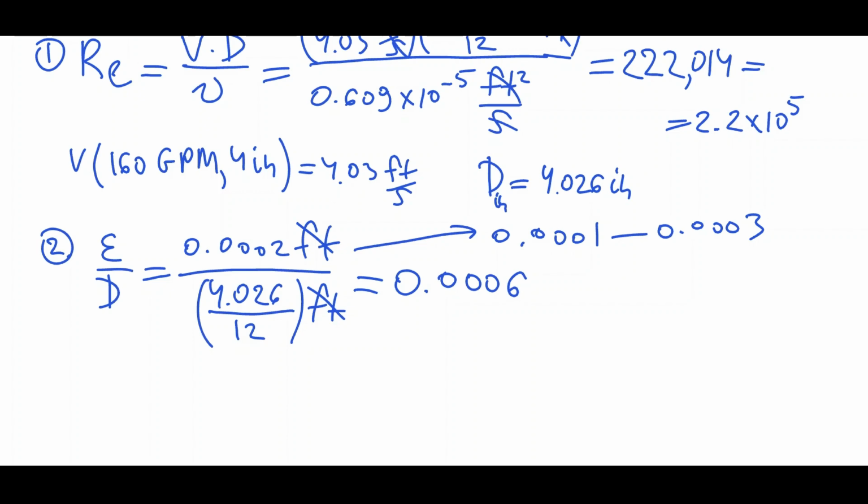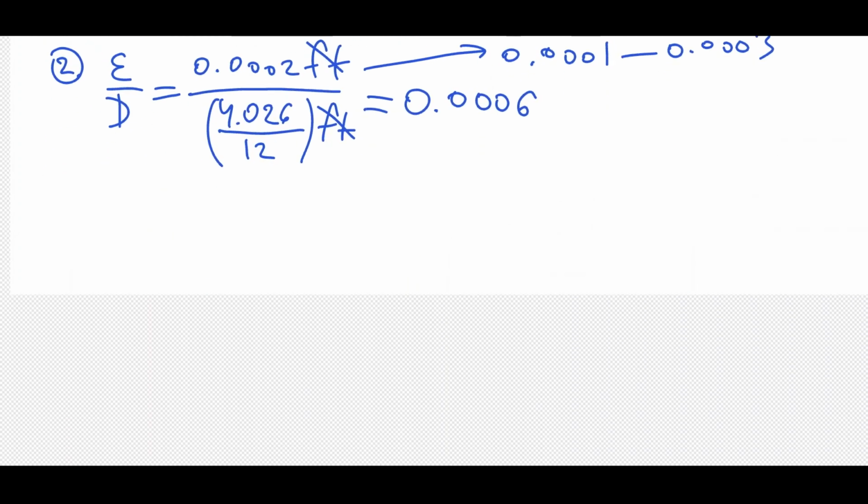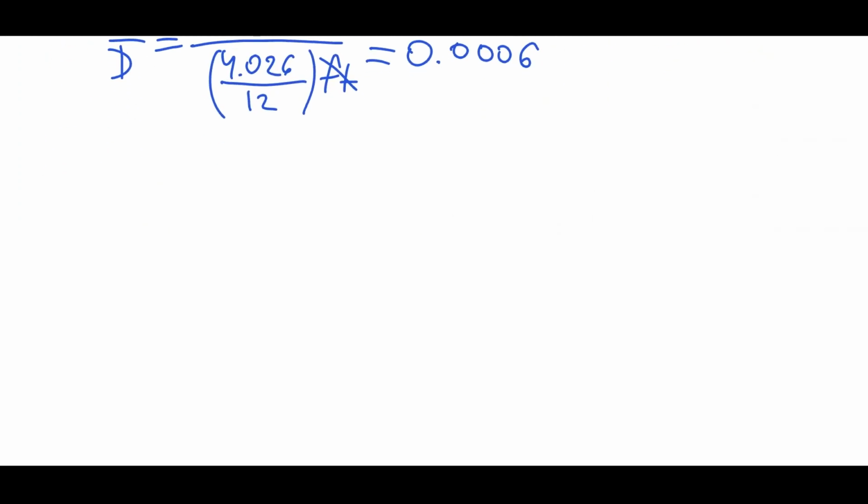Now, if you look at your Moody diagram, you'll have something that looks like this. This would be our step 3. We need to get this friction factor, which is dependent on relative roughness and Reynolds number.